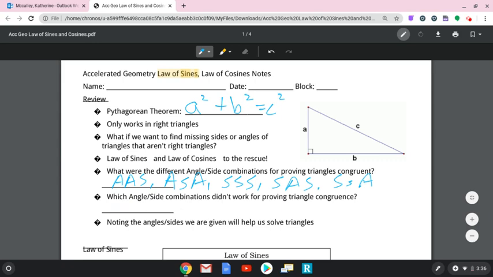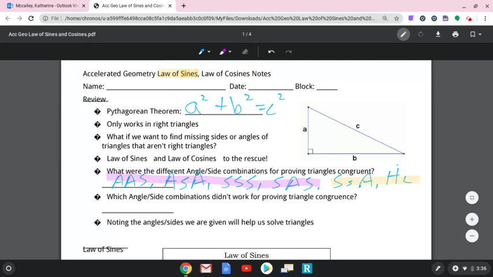We also had an HL, but HL was pretty much for right triangles, so we're not going to have to worry about it. And we're also not going to worry about SSA. These are the two that we're just not going to worry about. We're going to focus on the four that are in purple.